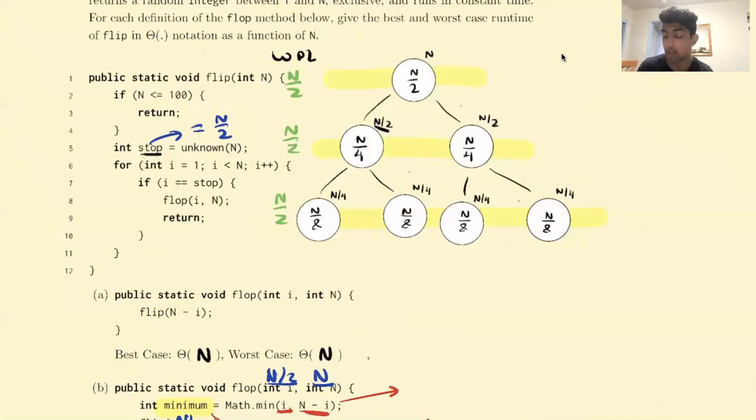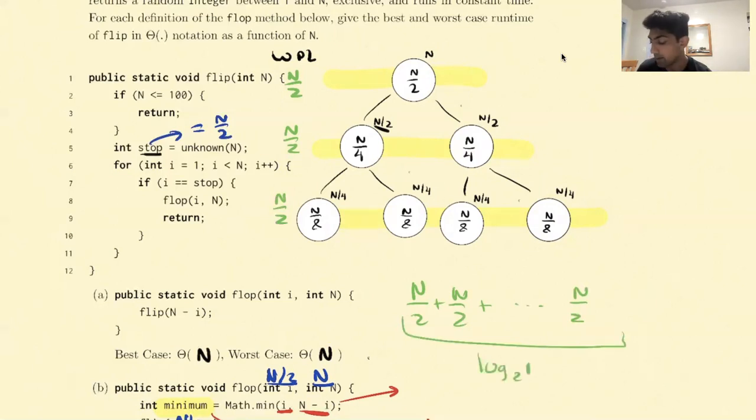To figure out the total runtime of this function, we need to figure out the total value of this sum. It's n over 2 plus n over 2 plus n over 2, and how many of these n over 2s are in this sum? Log base 2 of n, because that's the height of this tree.